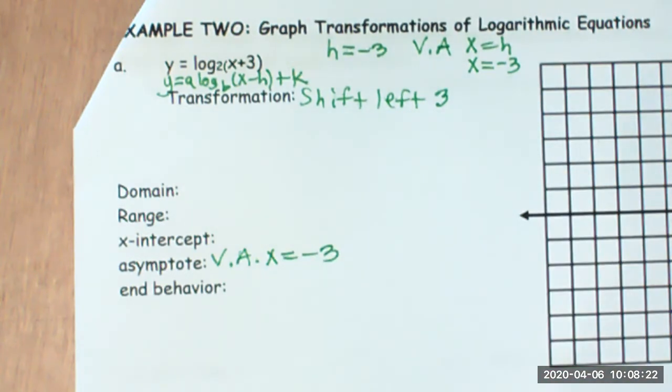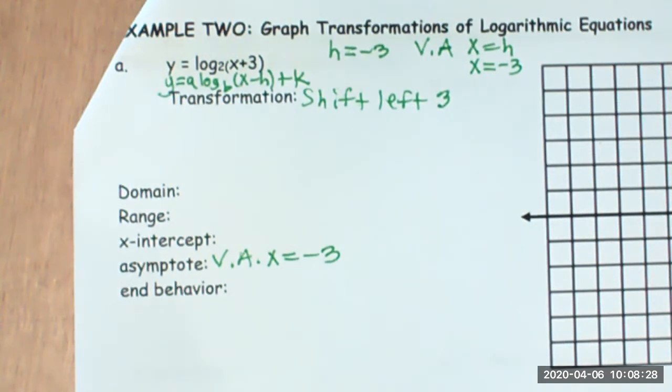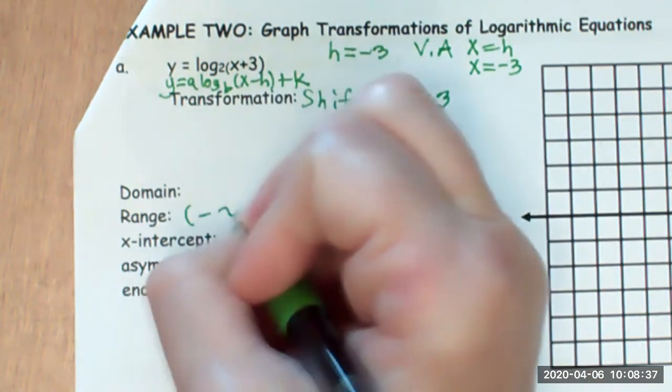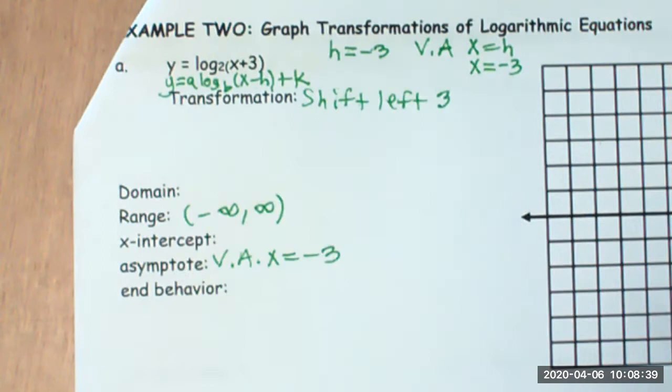Something that we can always fill in here also is that the range of a logarithmic function is always going to be all real numbers, just like the domain of an exponential function is always all real numbers.